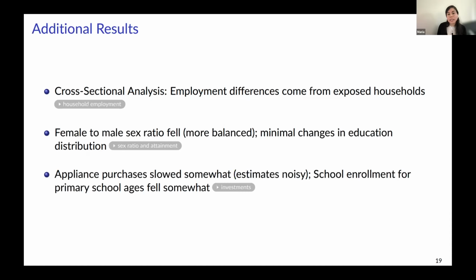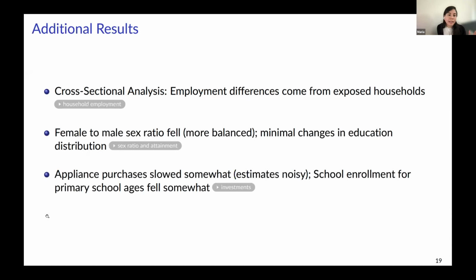So we do see that more men came back from the US, and this is because most of the migrants from Mexico to the US are men. We do not find changes in the education distribution of the population in Mexico. And we also look at some outcomes on investments.